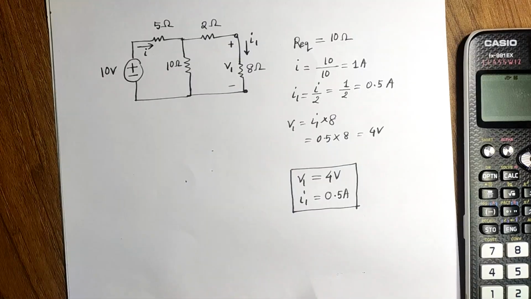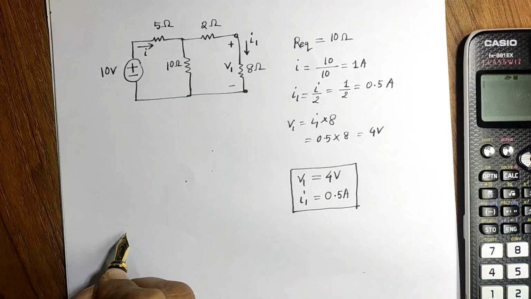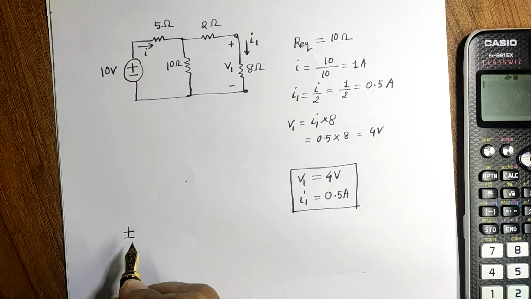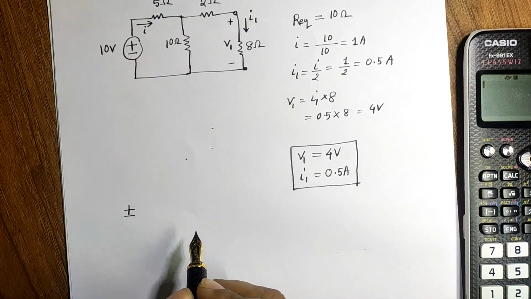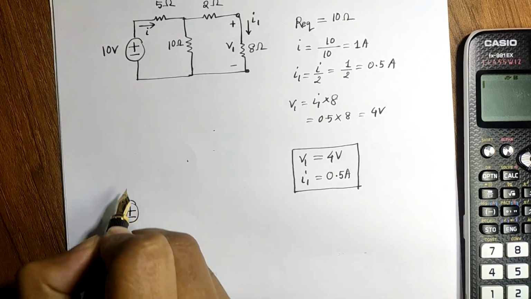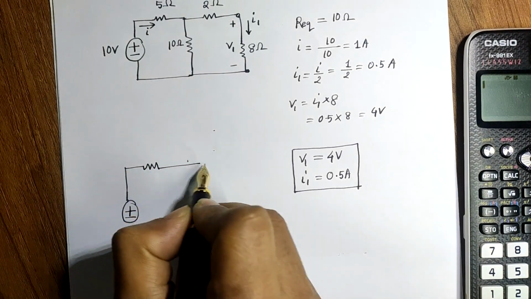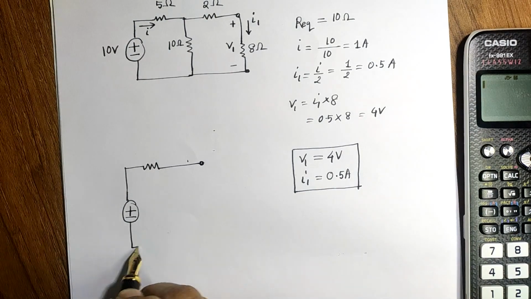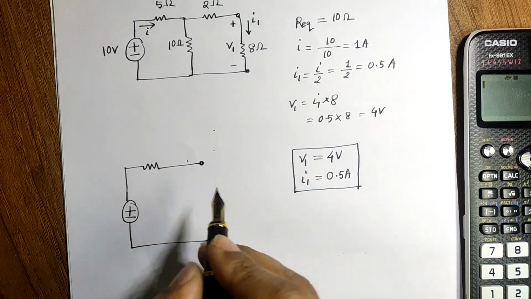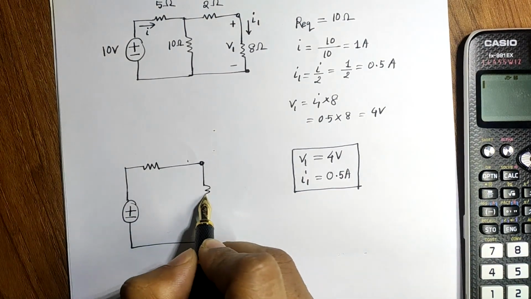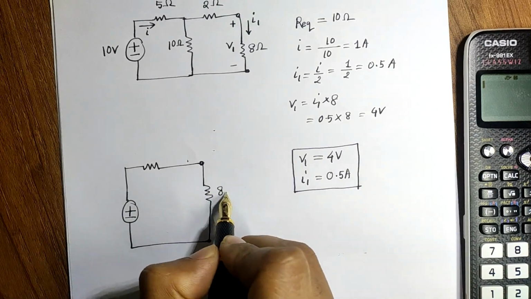Now let's draw another circuit where there is only one voltage source and only one resistance, and across the output of these two terminals we are connecting our previous 8 ohm resistance.